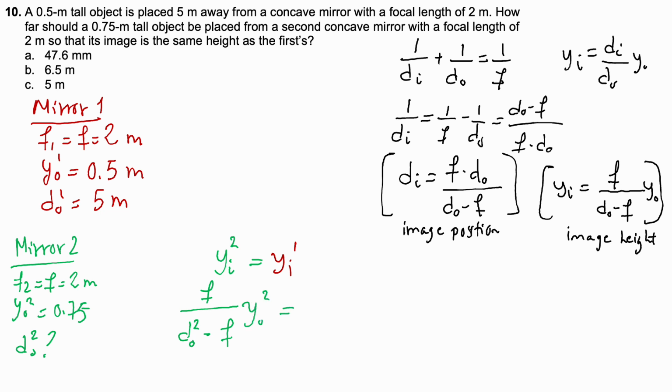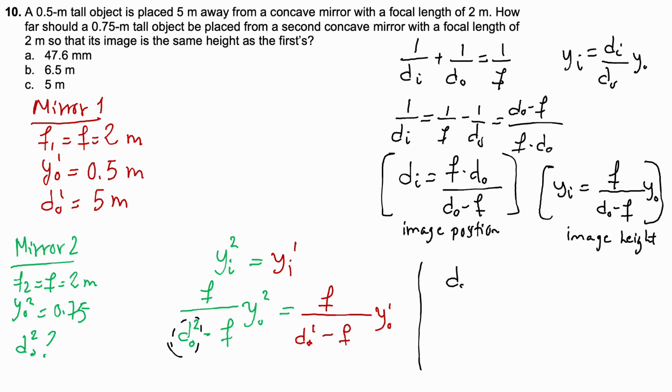This is going to be equal to the focal length over the position of the object in the first mirror minus f, times the height in the first mirror. What we want to decouple is our unknown, so we can put it on the other side.